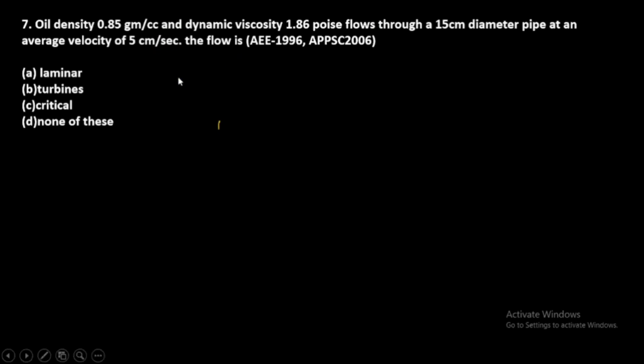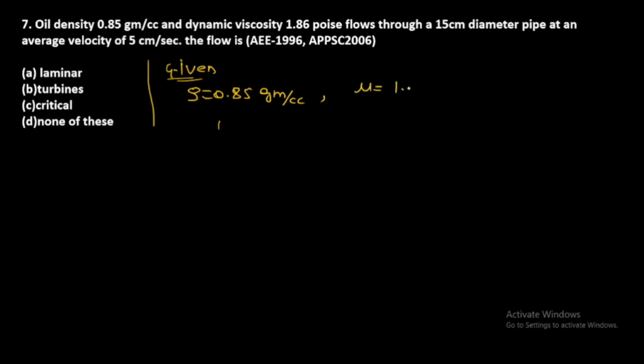So, given: density is 0.85 gram per cc, in the CGS system, dynamic viscosity 1.86 poise, diameter 15 cm, and velocity 5 cm per second.